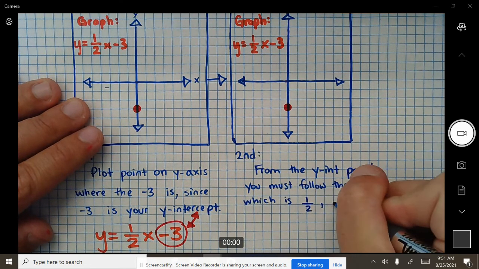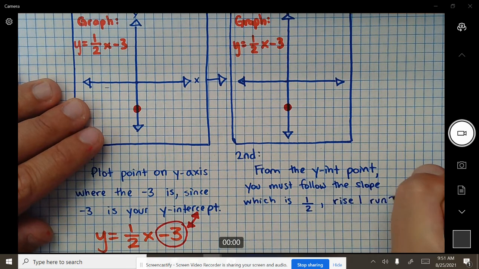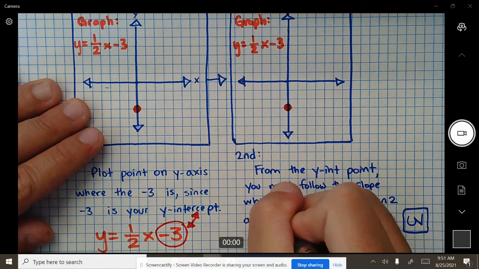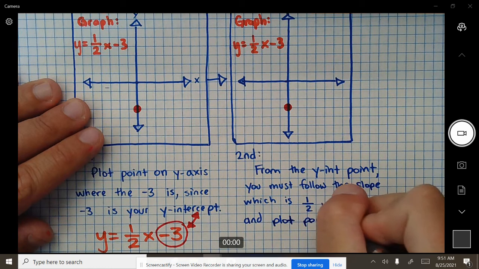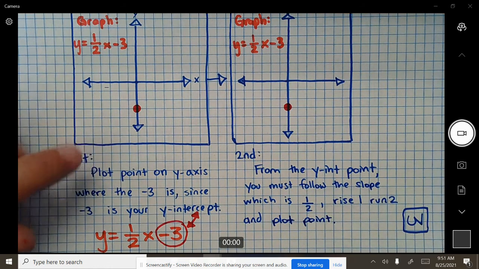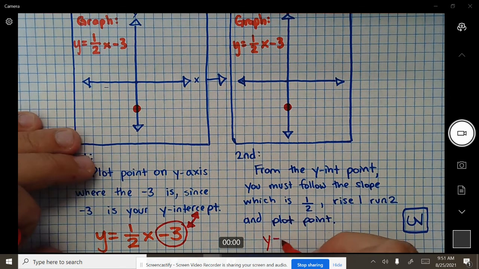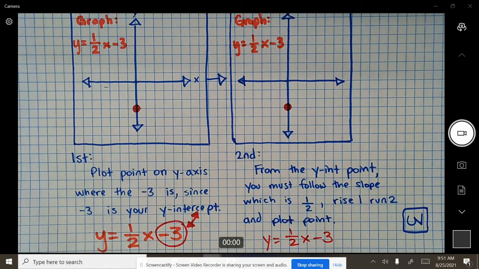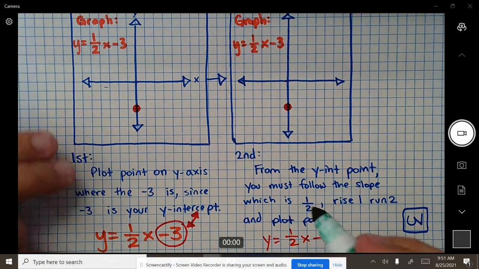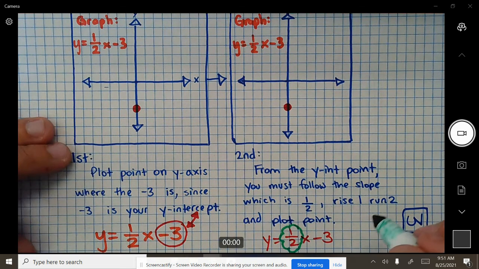What does that mean? Rise 1, run 2, and plot point. All right, go ahead and write that down. Where's my slope on this one? There's my slope.